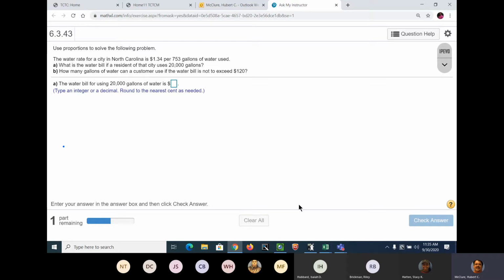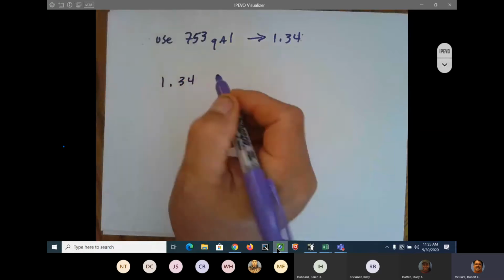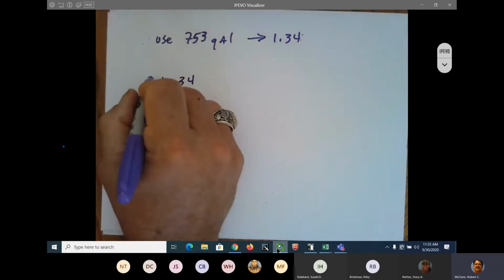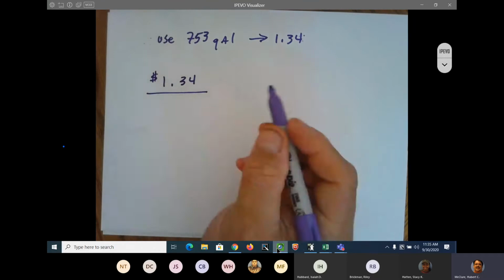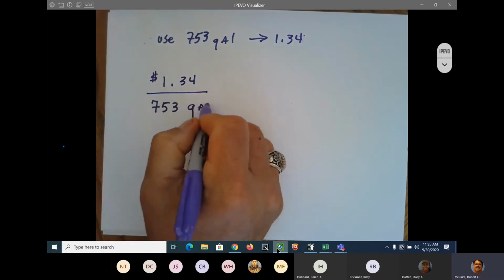Well, what you would do is set it up as a unit conversion. I think, yeah. For every $1.34, you get 753 gallons of water.